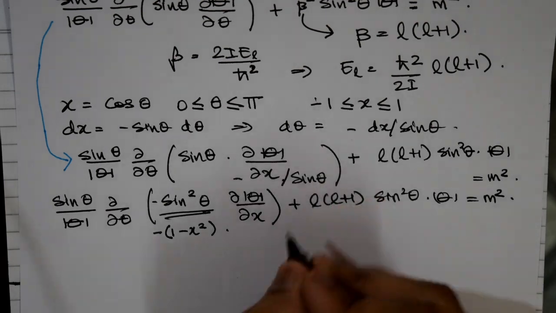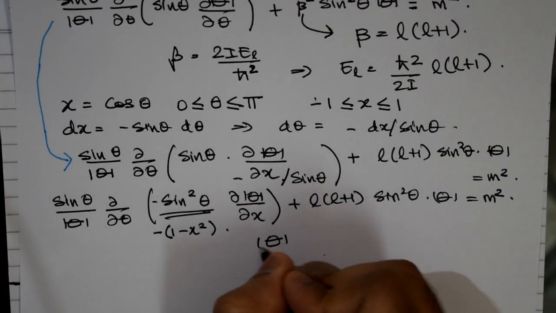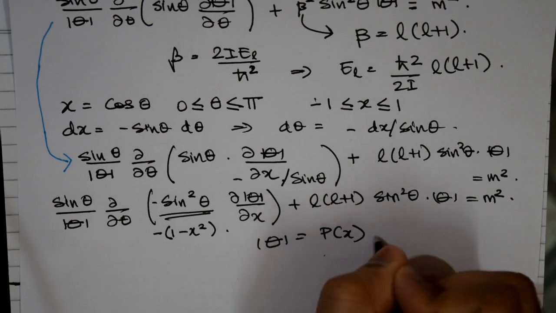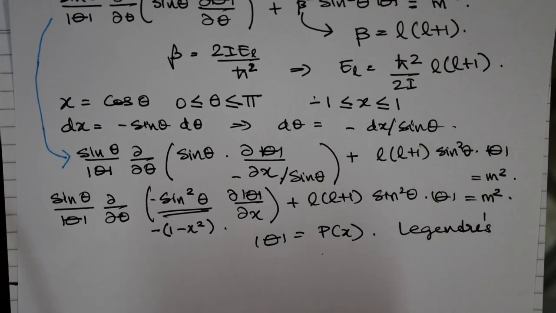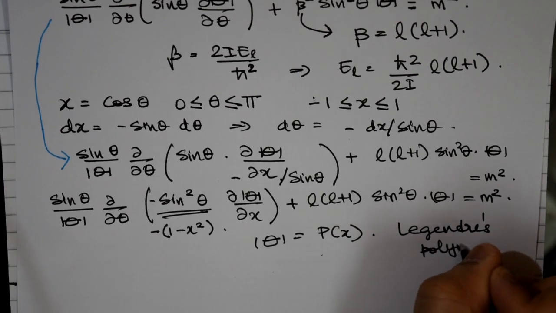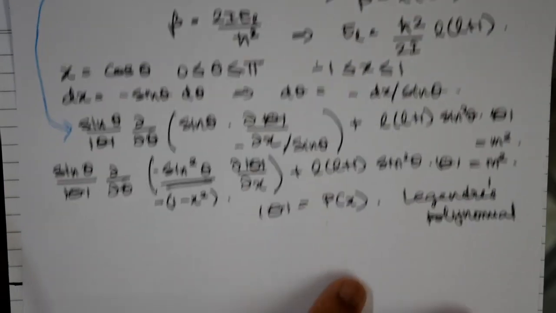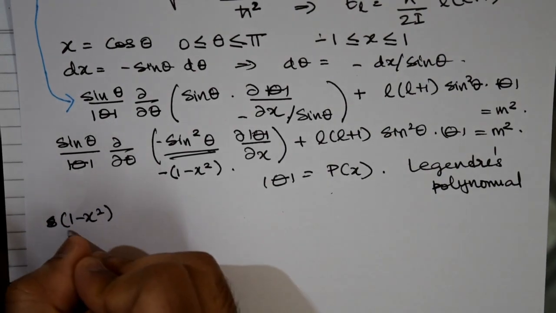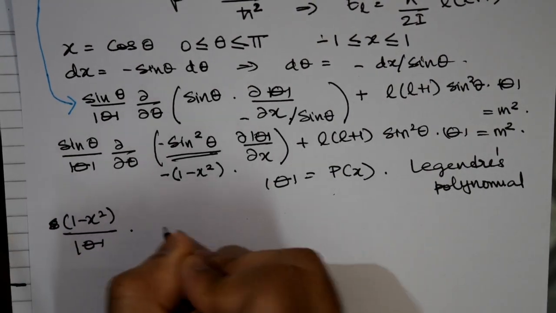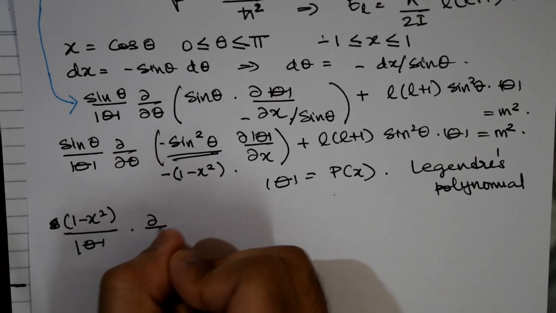And then if you set the capital Theta to the Legendre polynomial P(x), this equation ends up becoming 1 minus x square divided by capital Theta, because there will be a sine theta that ends up coming, dou by dou x.